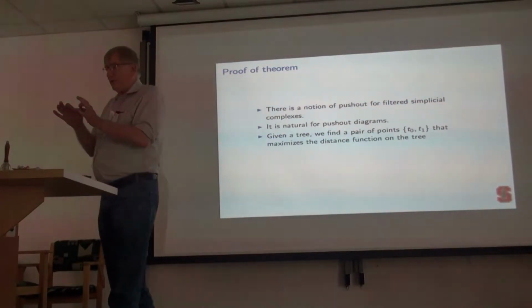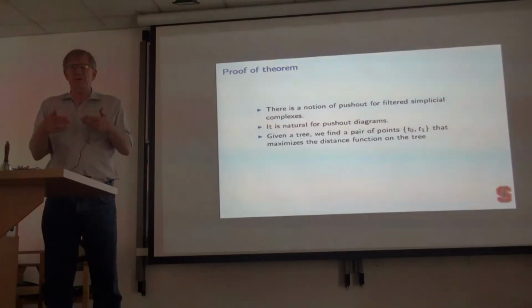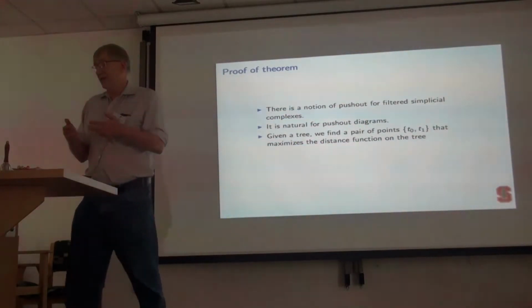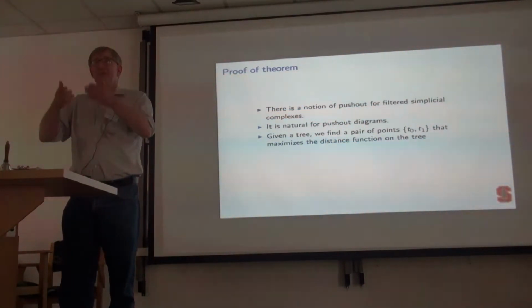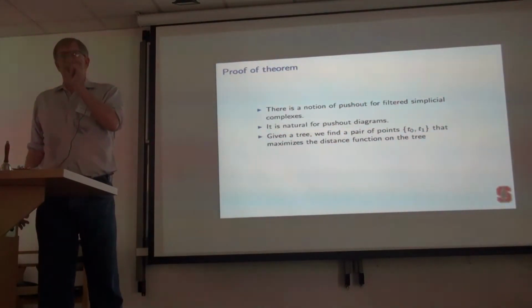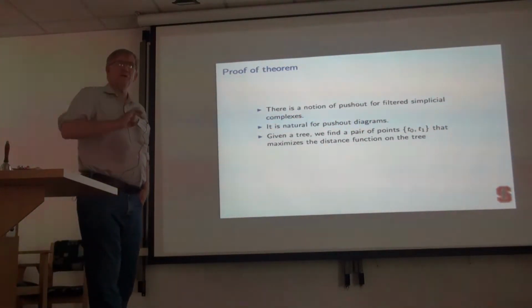If I've got 2 vertices in my tree, then it's an easy calculation that T is isomorphic or homeomorphic to Vietoris-Rips on those 2 points, because there's just a single simplex and it appears at the same filtration level. So if I start out with a very small tree, a 2-point tree, I'm in good shape. You may ask, why don't I start with a tree with 1 vertex?